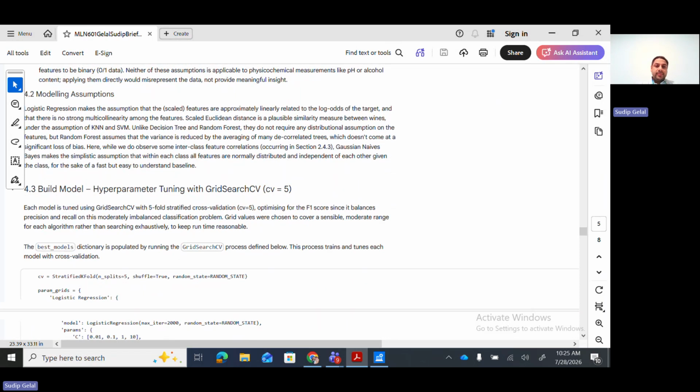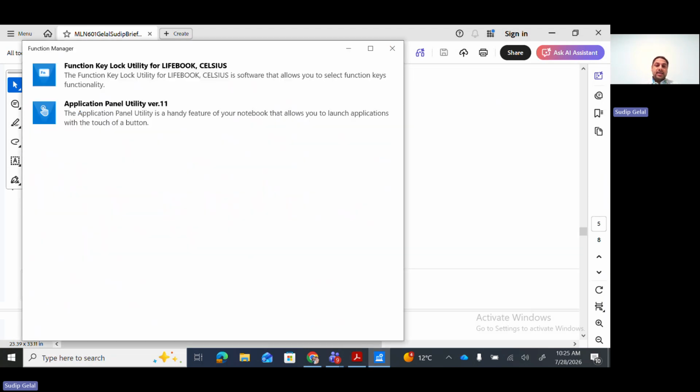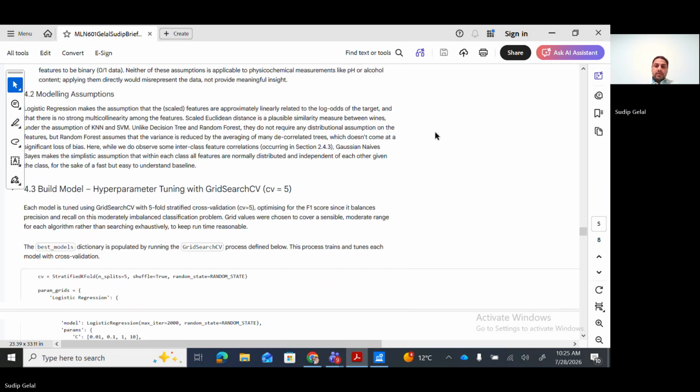It works like answering a series of simple questions. For example, is the alcohol level high? Is the acidity low? It is easy to understand, but sometimes it memorizes the training data too much, which is called overfitting.